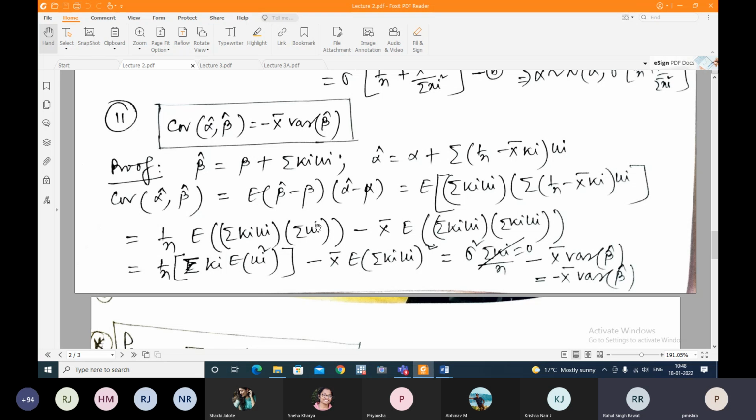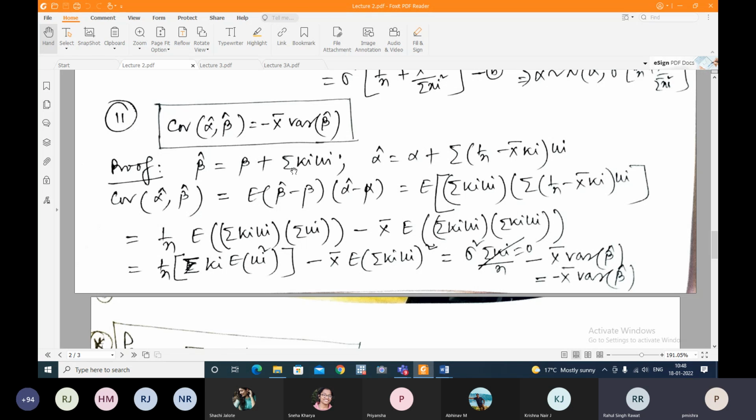I'm just taking two observations for an example. So what will I have if I multiply? One part would be K1 U1 square, then K2 U1 U2, then K1 U1 U2 and then K2 U2 square.